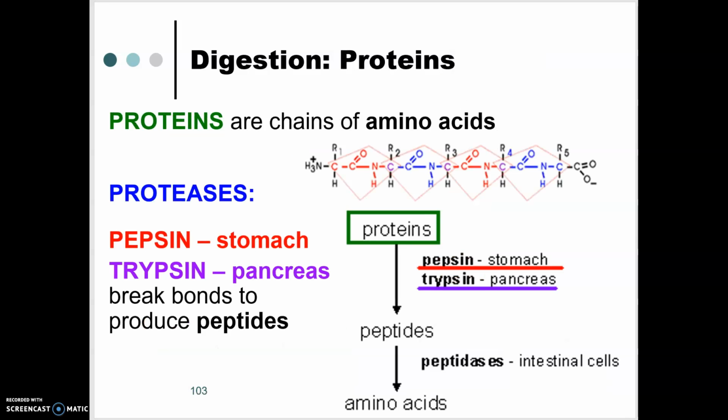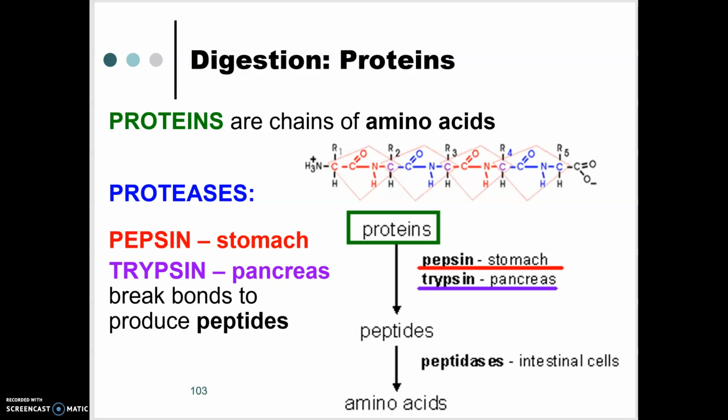Now, proteins, it's going to follow the same structure, except we're going to be talking about different enzymes. So we're going to start digesting protein in the stomach when we have pepsin. Then we're going to move into the main protease in the small intestine, which is trypsin. So we're going to start off with these big, long, globular-shaped proteins that are long chains of amino acids.